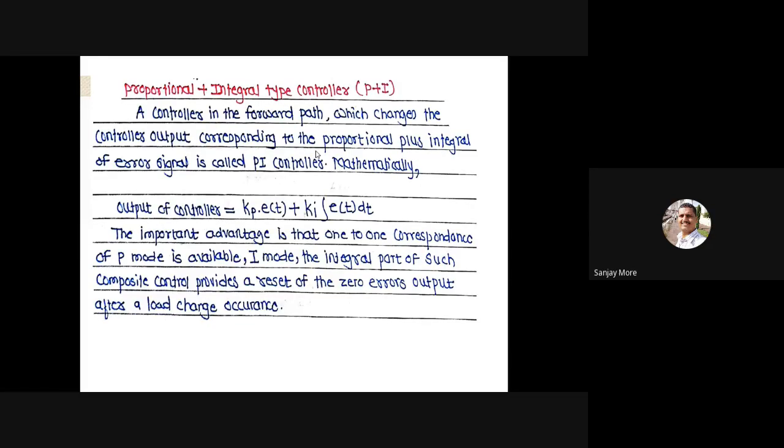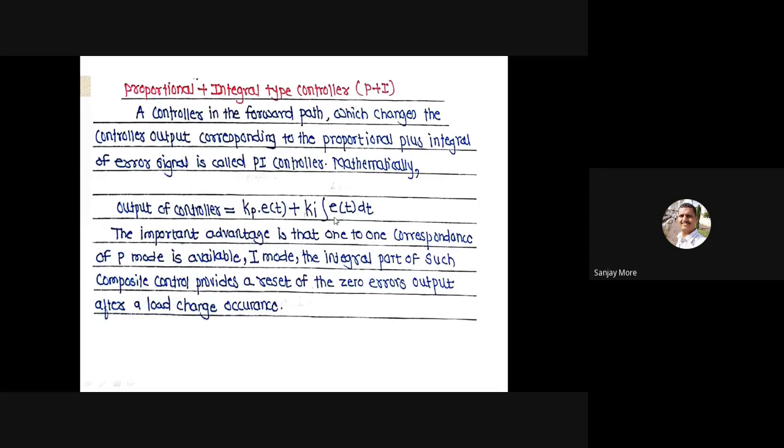The next one is the proportional plus integral type controller. This is the output of the proportional and this is the output of the integral controller. The combination of proportional plus integral output is equal to Kp, the proportional gain constant, into e(t) error, plus Ki, the integral gain constant, times the integral of e(t) dt.